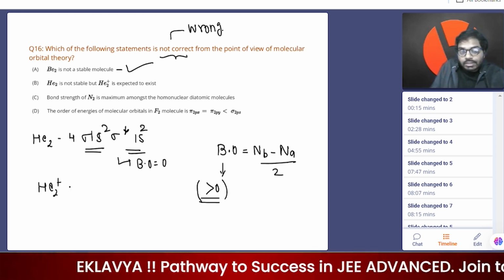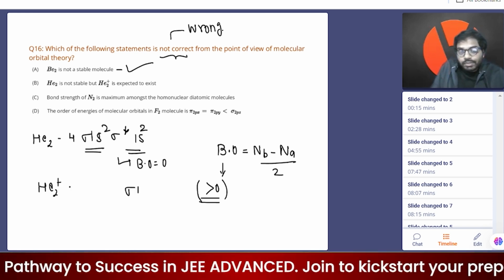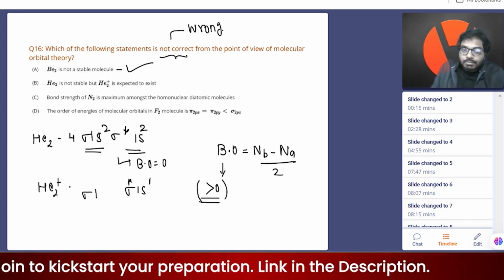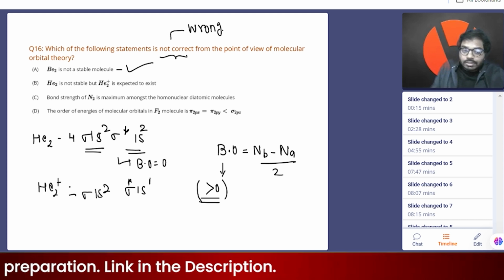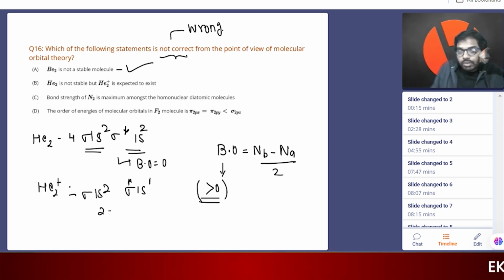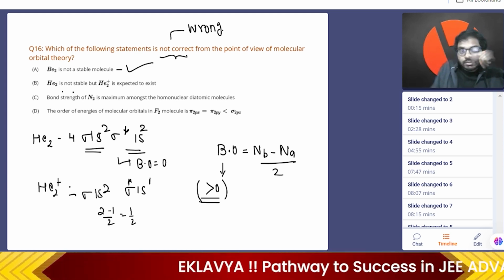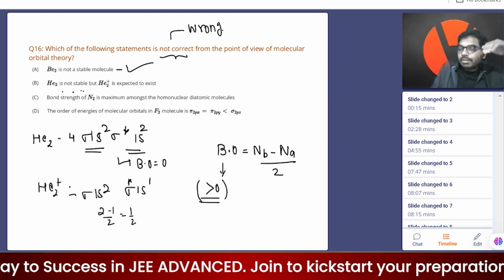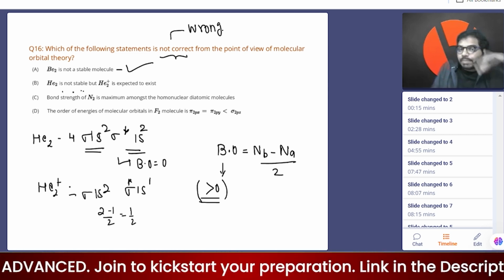In case of He2 positive, 1 electron is removed from the anti-bonding. So it will become sigma star 1s1 and here sigma 1s2. This is the molecular configuration. So I can find the bond order here, that is 2 minus 1 by 2, it will become half. So He2 is not stable, but He2 positive is expected to exist.